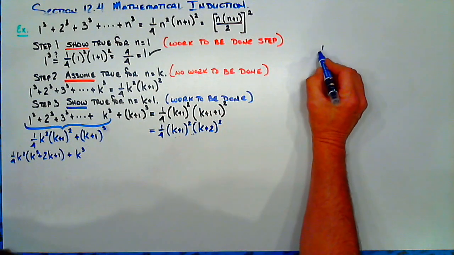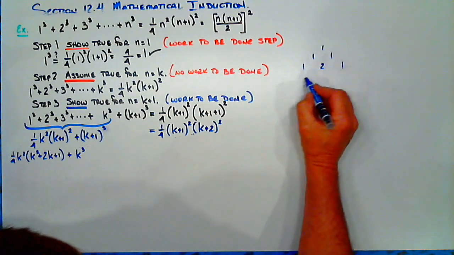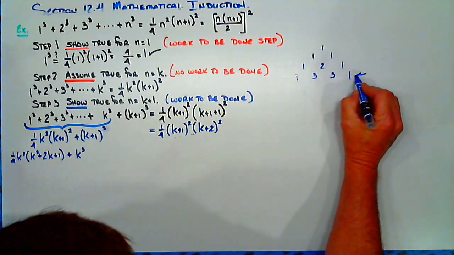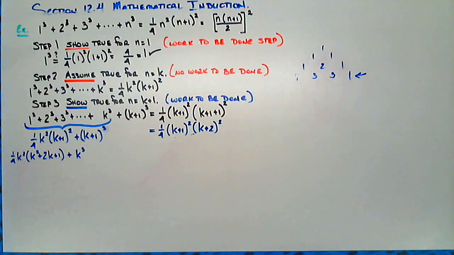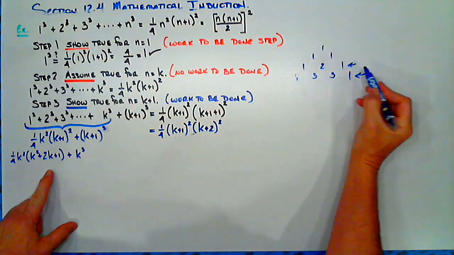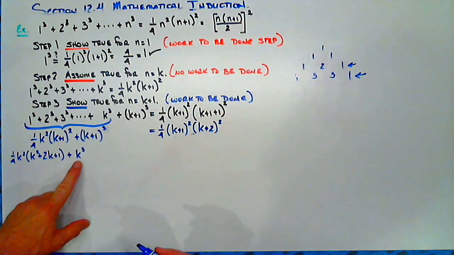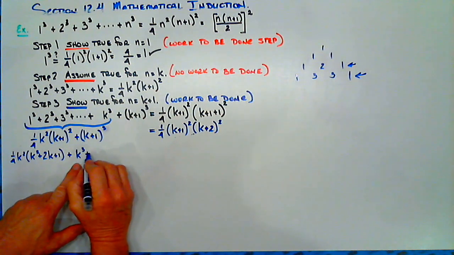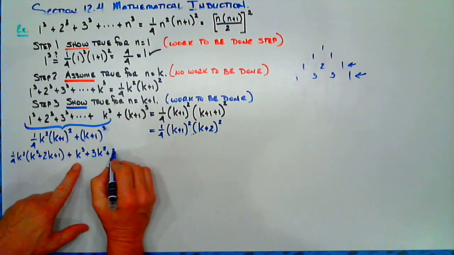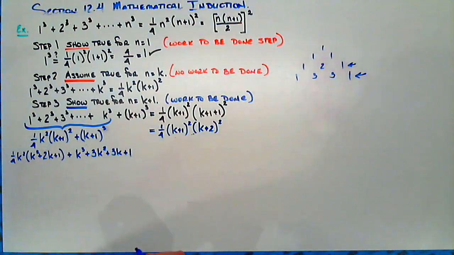We have 1, and then it goes 1, 1, then 1, 2, 1, then 1, 3, 3, 1. This is our cubic line. I use this line right here for our squared: 1, 2, 1. That's our coefficients. So we get 1k cubed plus 3k squared plus 3k to the first plus 1. That's what we get when we cube that.